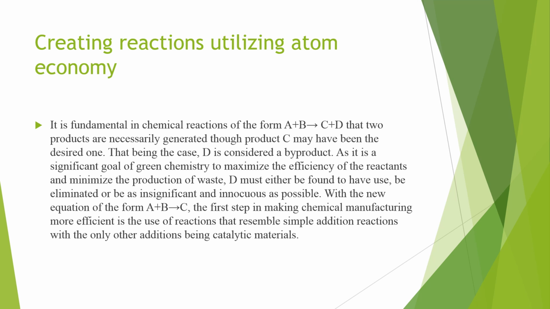With new equations of the form A plus B gives C, the first step in making chemical manufacturing more efficient is the use of reactions that resemble simple addition reactions, with the only additions being catalytic materials.